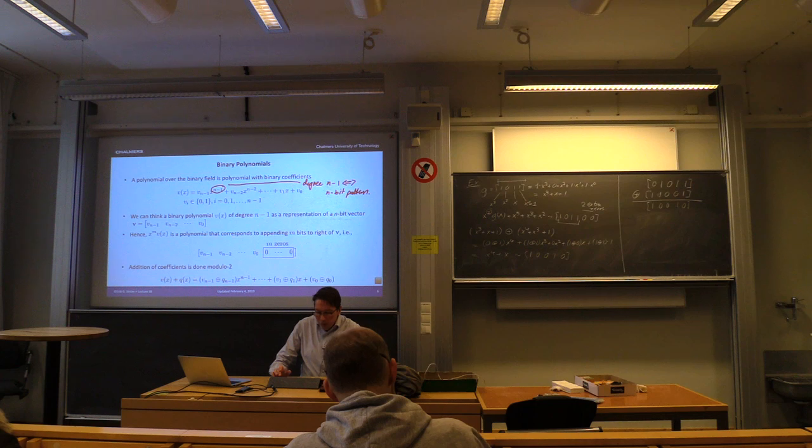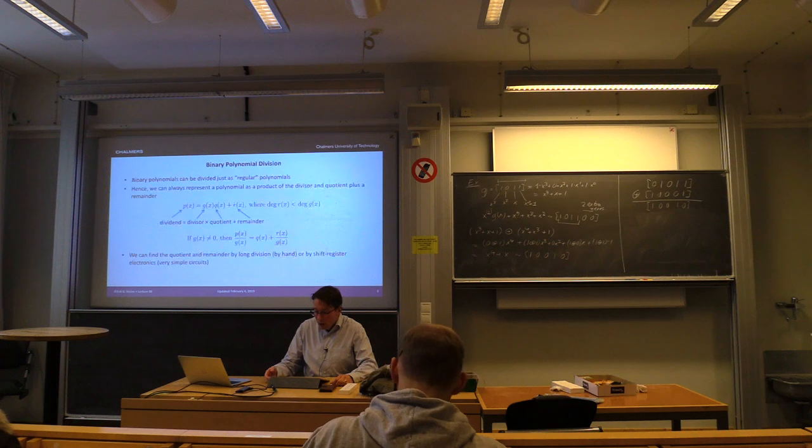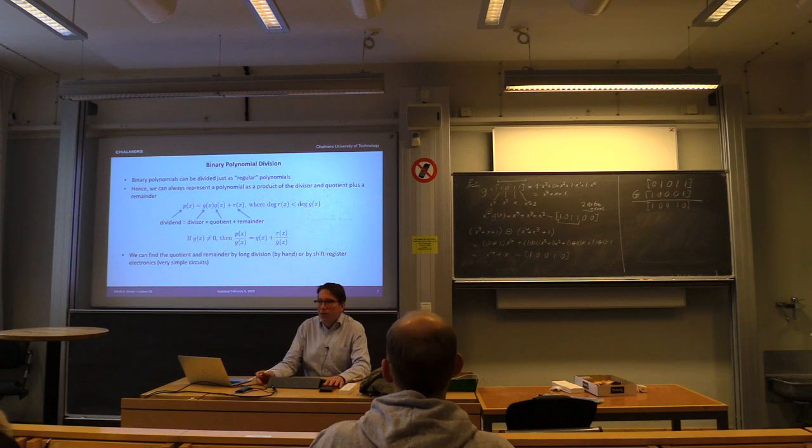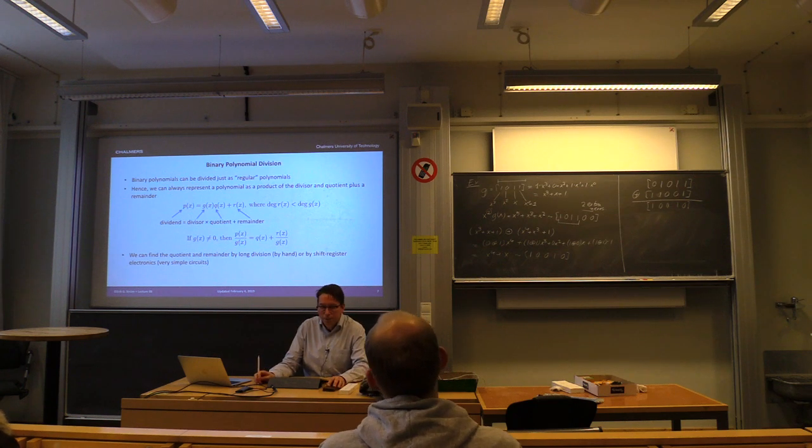All right. So what should we use these for? We should use these to form encoders and decoders of binary block codes. Okay. So how do we do this? Well, before saying exactly, there's one more thing actually, and that is polynomial division.